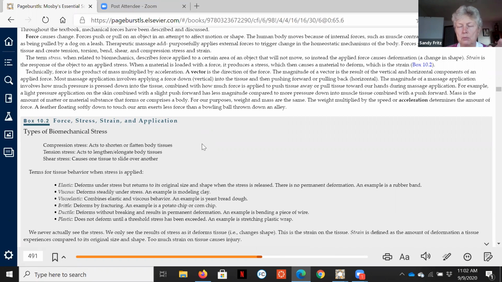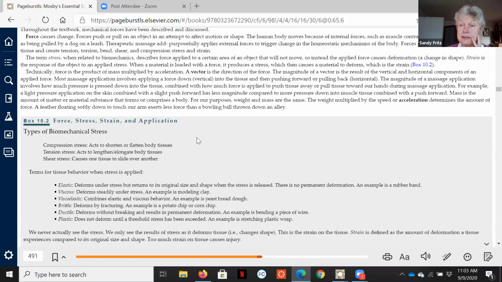And if it changes shape, it will then be exposed to what they call a stress. And if that stress becomes too exaggerated, it strains, and then there's a potential for the tissue to breach or break.